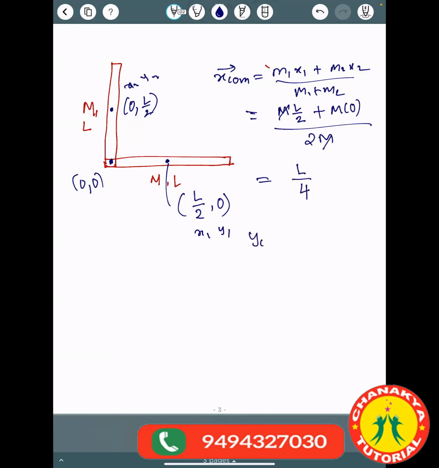Similarly, y center of mass, you will get L by 4. Finally, the center of mass is at L by 4 i cap plus L by 4 j cap. So you can say that the coordinates of the center of mass are L by 4 comma L by 4.